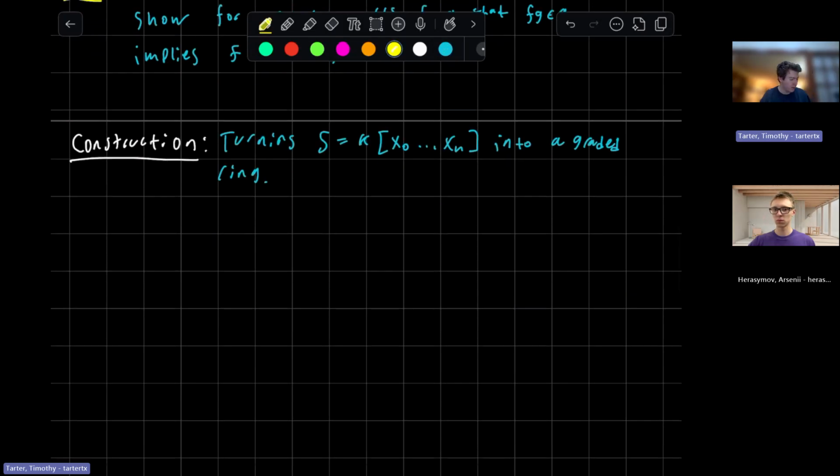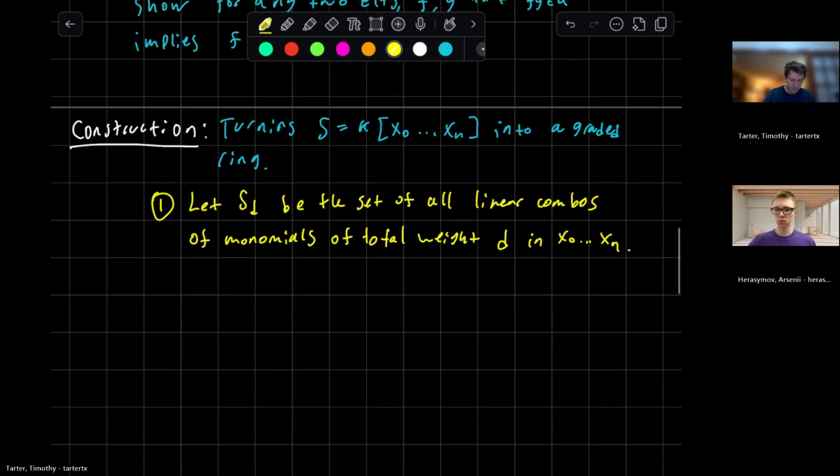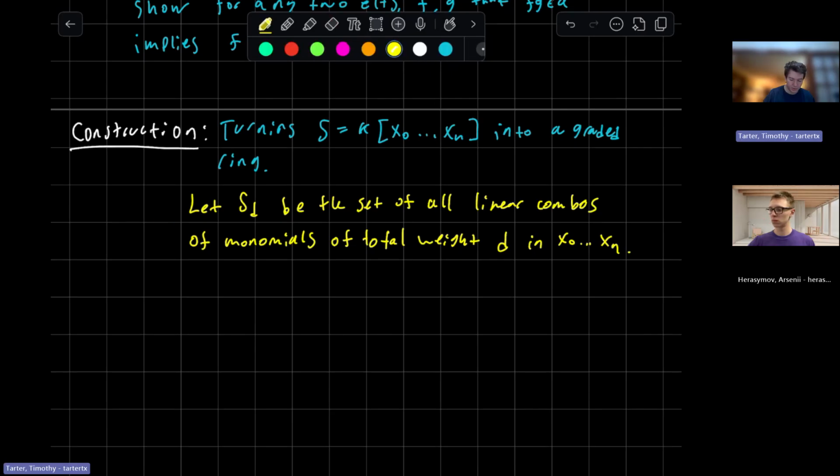So the way we'll do this is let S_d be the set of all linear combinations of monomials of total weight d in X_0 through X_n. And actually, that's the only thing we have to do.